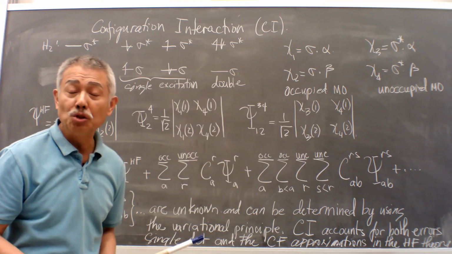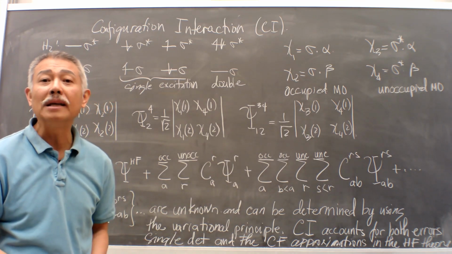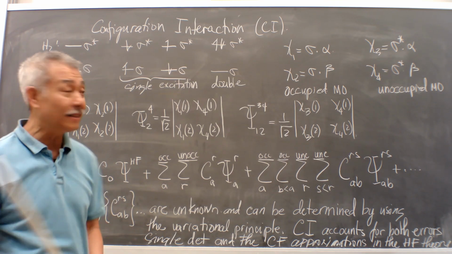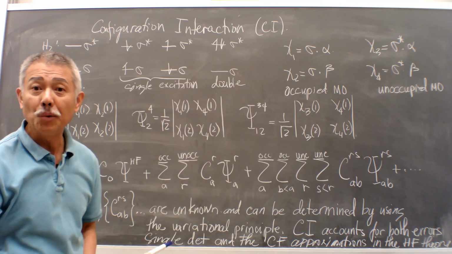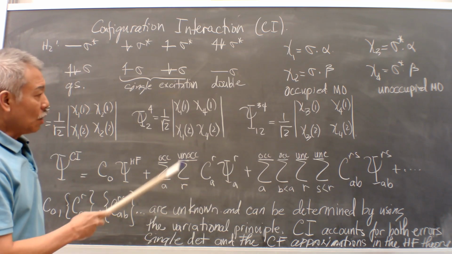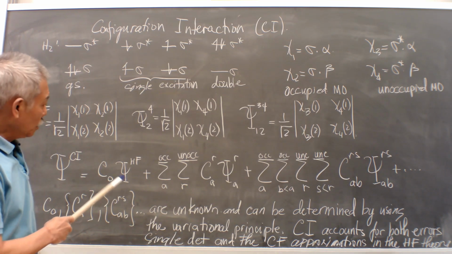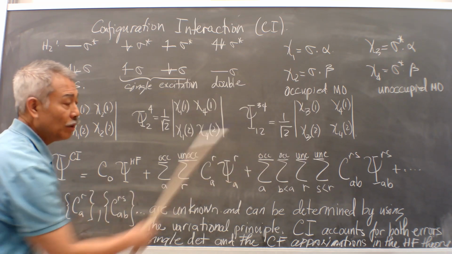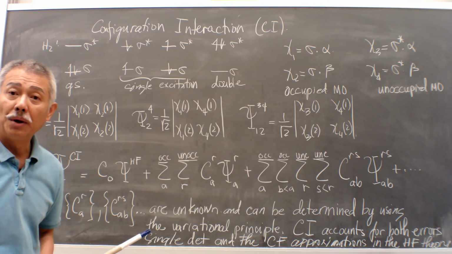In the case of H2 molecules, we have 2 electrons, so we have up to double excitations, and that's the end. That's all we have. Now it comes to the fact that these weighted coefficients are the unknowns.